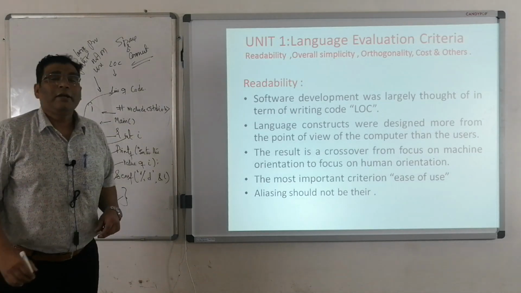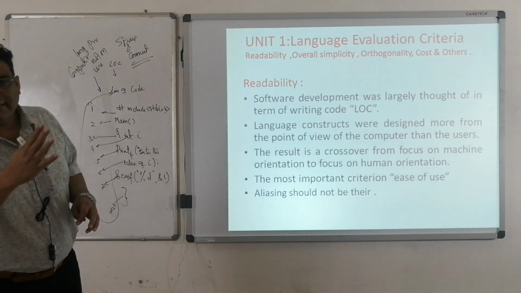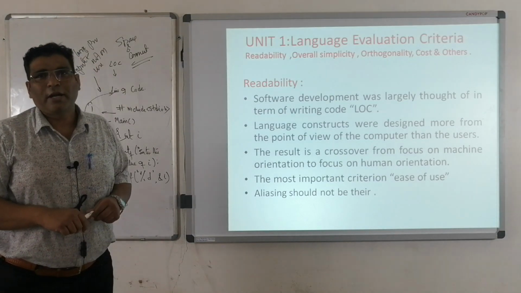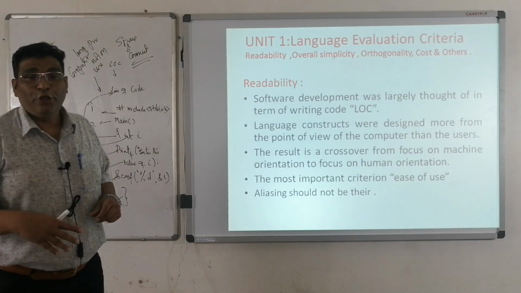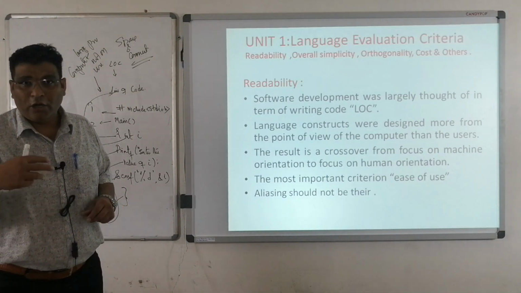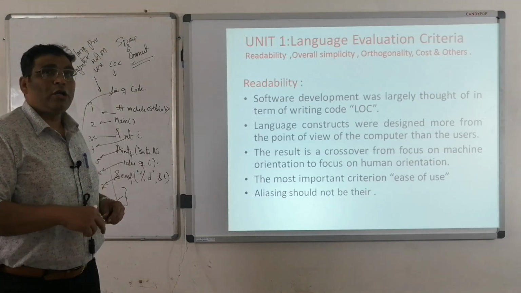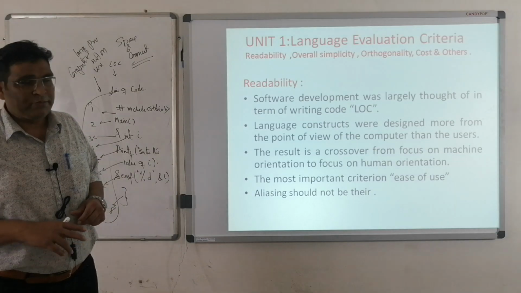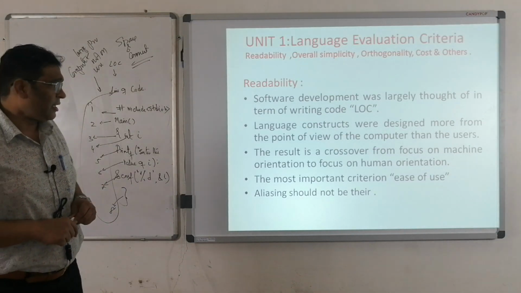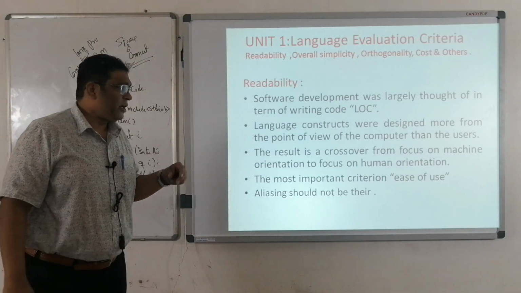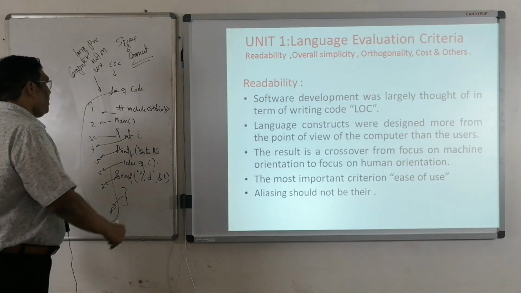And more importantly, as the years pass, programming becomes more user friendly. It is not dependent on how the computer is going to understand the program, but on how the user is able to understand it. And most important, it should be easy to use.